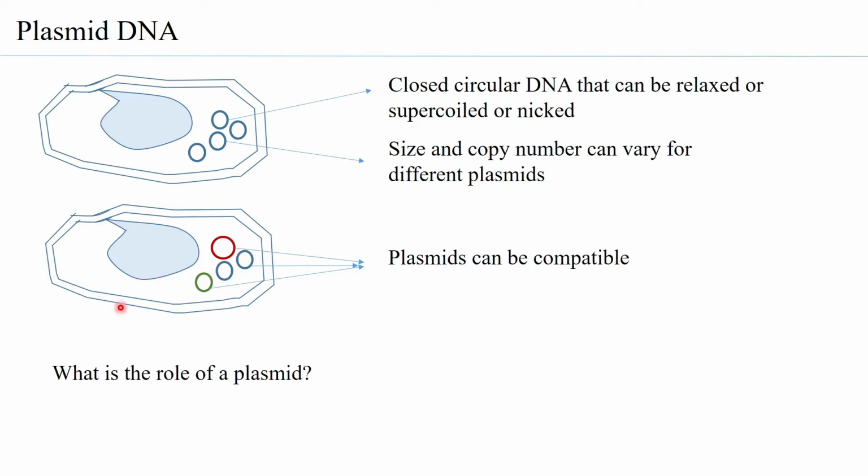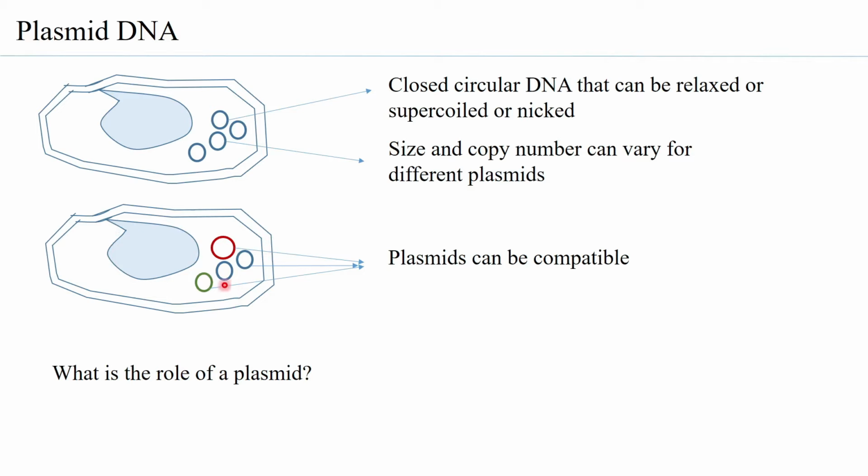Now, the question that needs to be asked is, what is the role of a plasmid? Is plasmid actually required by the bacteria to survive? The answer is that a bacteria without plasmids can definitely survive, as the primary genes necessary for the metabolism or the growth of the bacteria all lie within the chromosomal DNA.